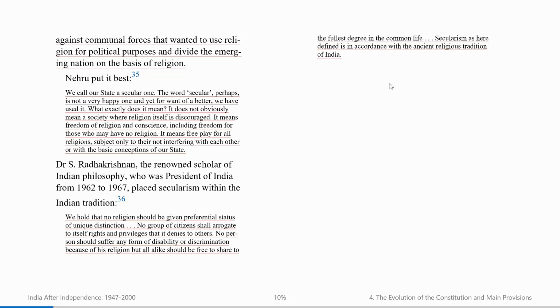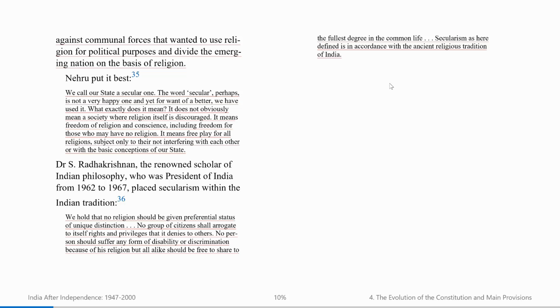You have no right to interfere with the basic conceptions of our state. Okay, my citizenship is not subject to what you think. That was the basic idea, that no religion should be made a scapegoat, for any kind of go to Pakistan. That is the idea.